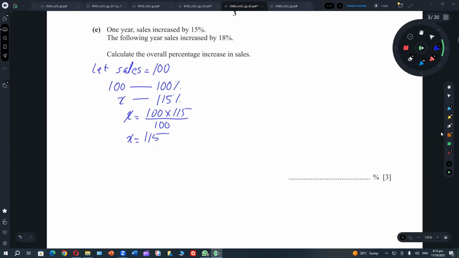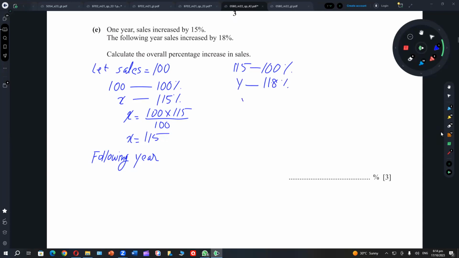Then the following year, 18%. So we have to increase this number. We take 115 as 100%, and let's say it becomes Y, increasing by 18%. It becomes 118 when you try to solve it.